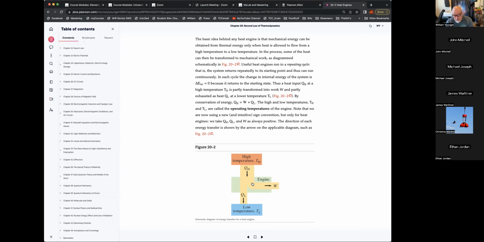And then this over QH, well, that gives you 1 minus QL over QH. And you see the efficiency could never be 100% unless the thing gave off 0 heat loss. The QL would have to be 0. So it's never going to be 100%.